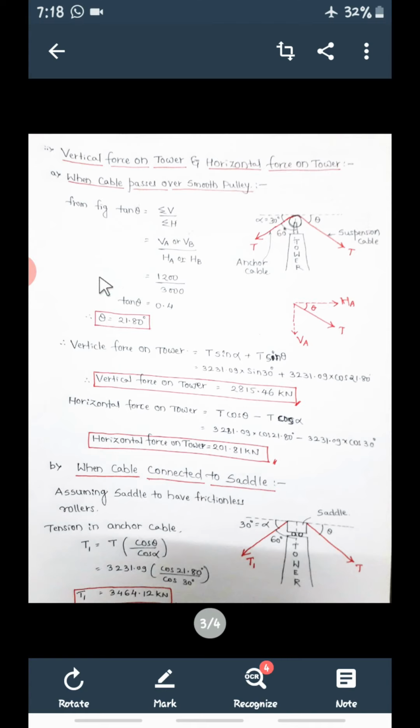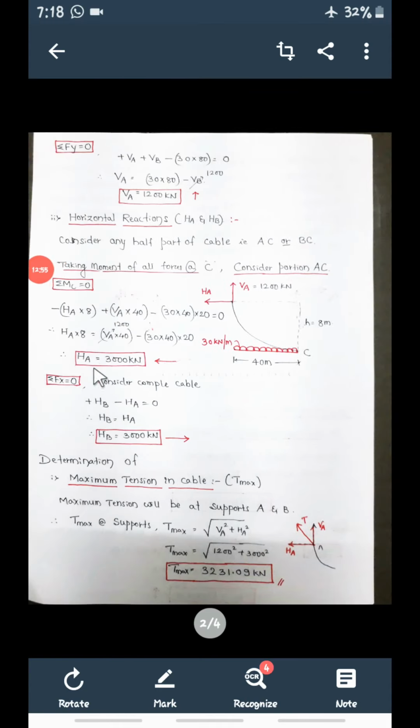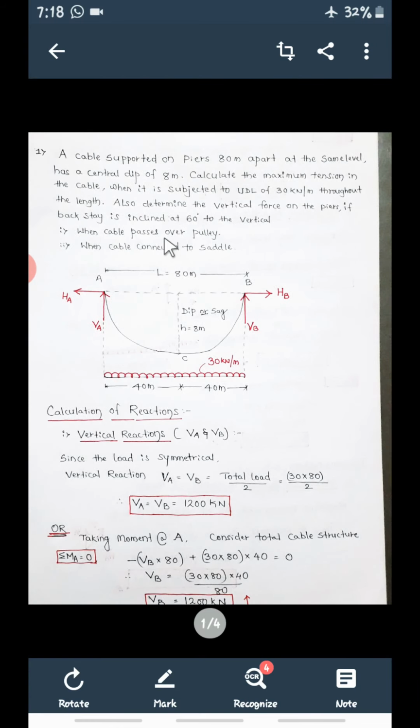So here in this problem, what is given? See here. In the problem, calculate the maximum tension in the cable when it is subjected to UDL. Also determine the vertical force on the pier or tower if the backstay is inclined at 60 degree to the vertical.